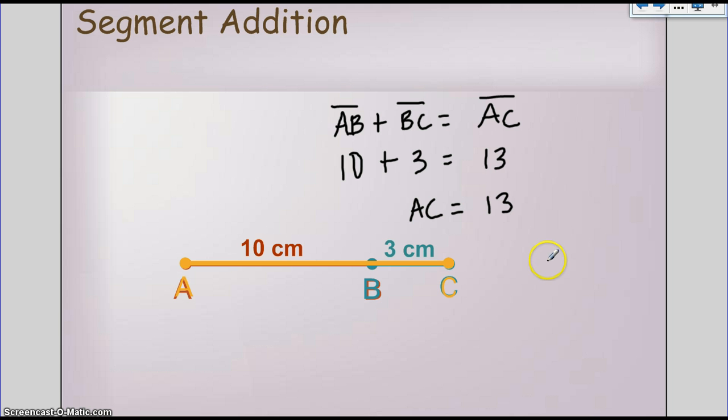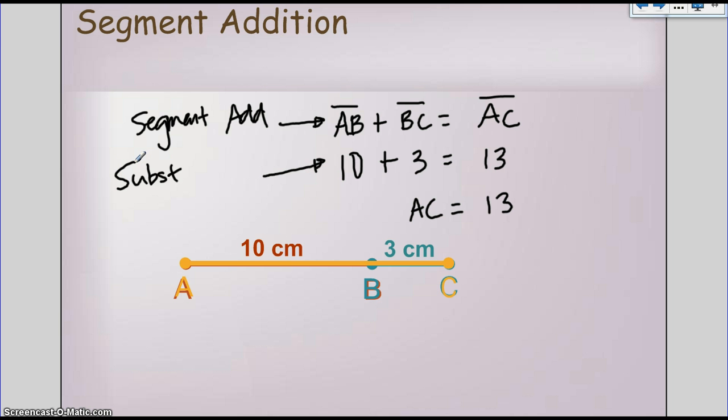Not too bad, right? So when I have this thing, which we call segment addition, then I plugged in numbers, and when I plug something in, that's called substitution, right? I found a number.